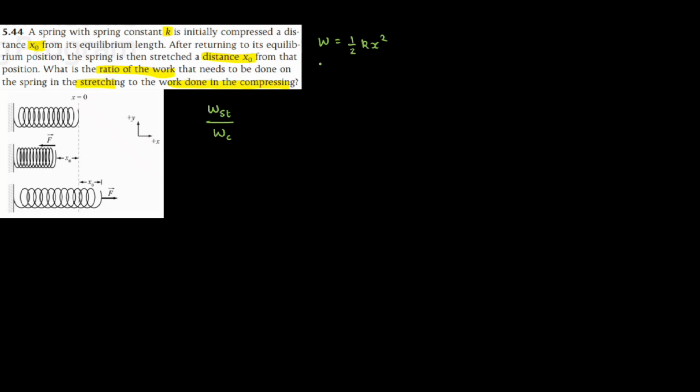In this situation, the displacement for compression, I'm going to write as xc, which is negative x0. Compressions we generally take as negative. And the displacement for stretching, I will write as xst, which is positive x0. Whenever you compress the spring, we take the displacement as negative, and when you stretch the spring, you take it as positive.